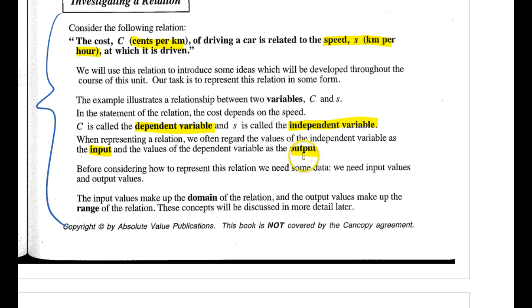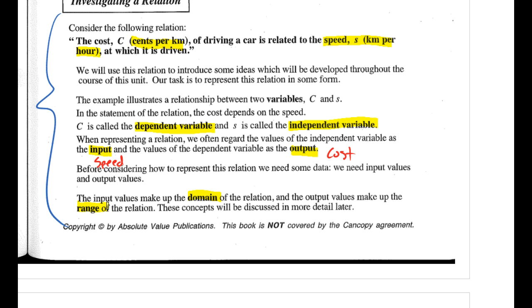And the output would be the cost of driving at that speed. So the input would be the speed, the independent variable, and the output would be the cost. Okay, the last concept is this concept of domain and range, and that's also very important.